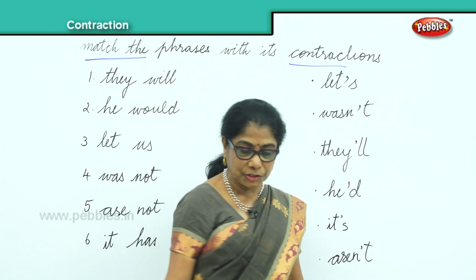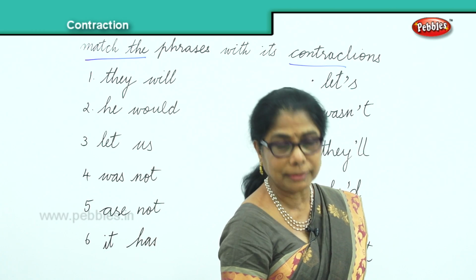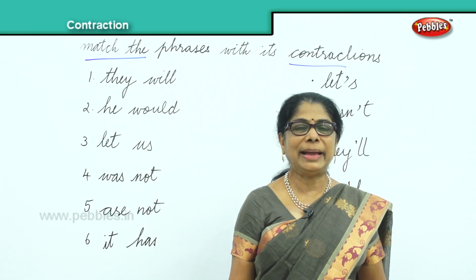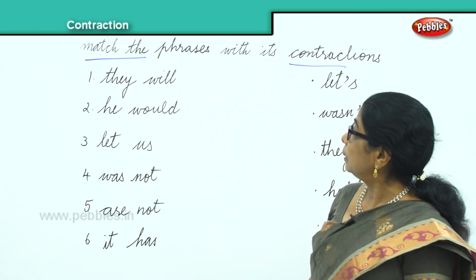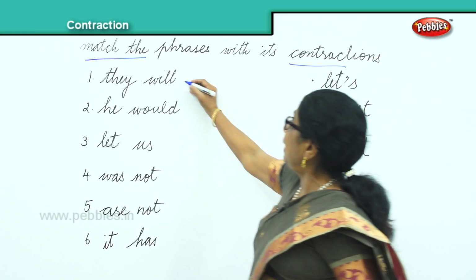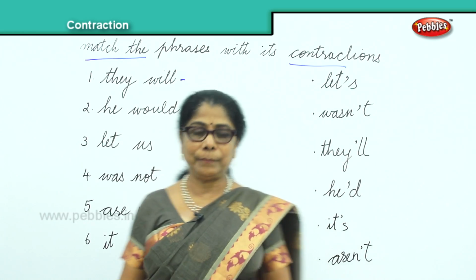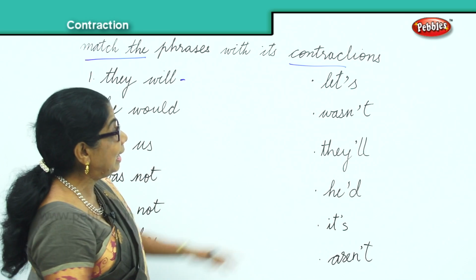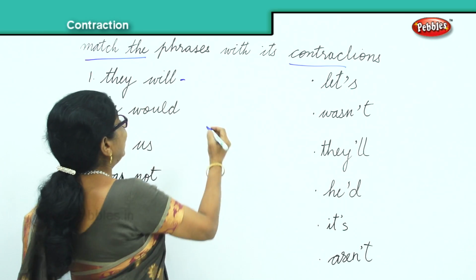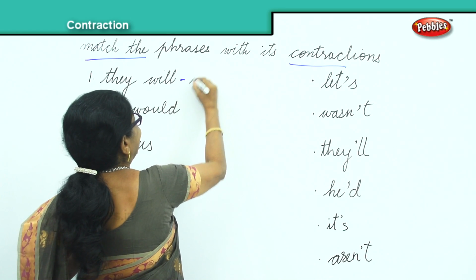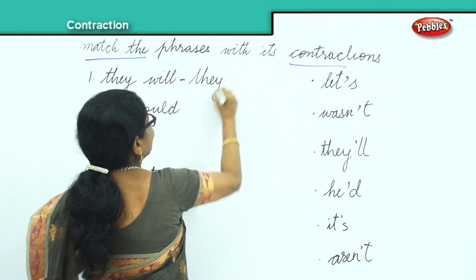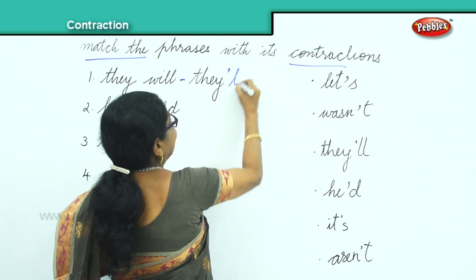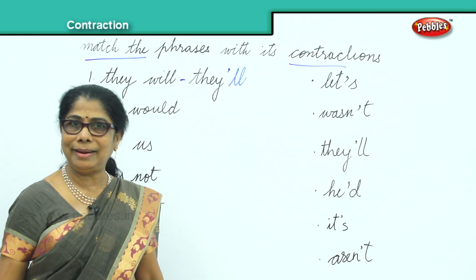Now we are going to match these two together. Okay, we have the phrases and we have to match them with the contractions. Now, they'll, how will you write it? It is they will, so you will write they, and then 'll. They'll, they will, right?